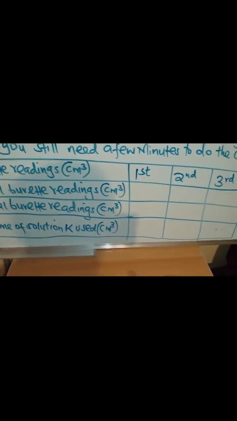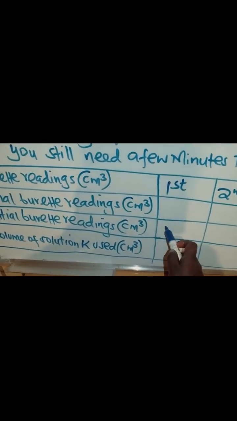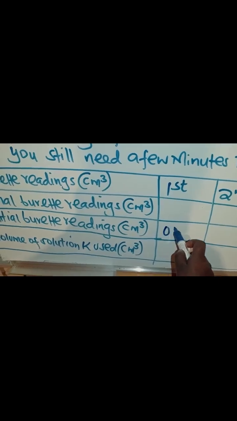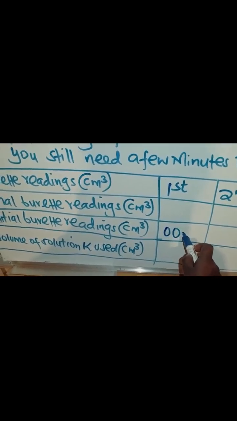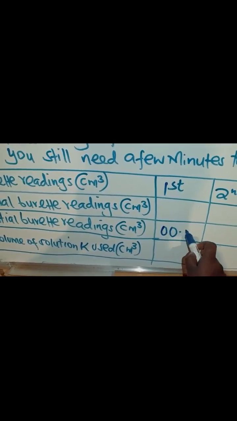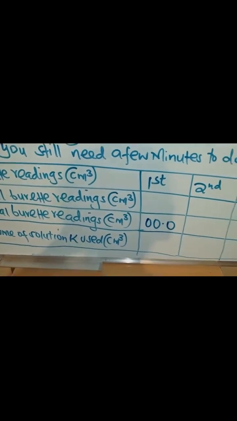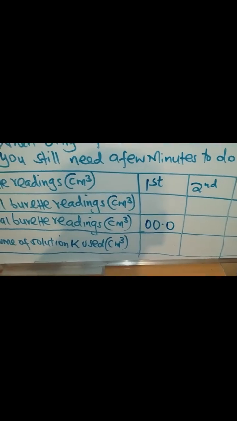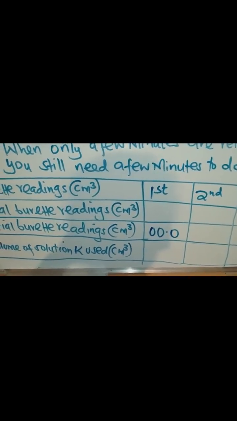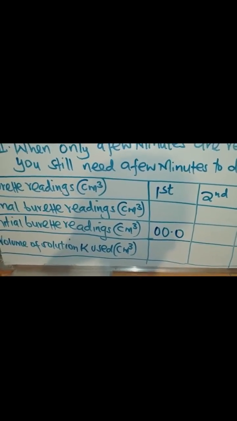So you are supposed to go to the initial burette reading, and you indicate that you are starting from 00.0, because remember, you still need to take care of the decimals.